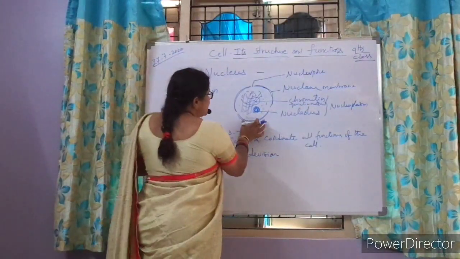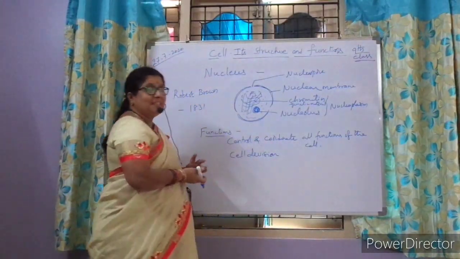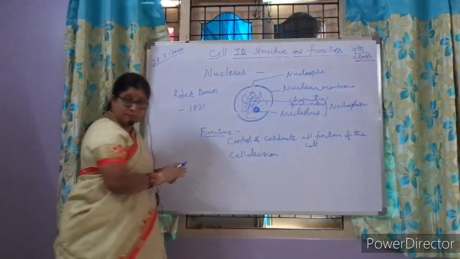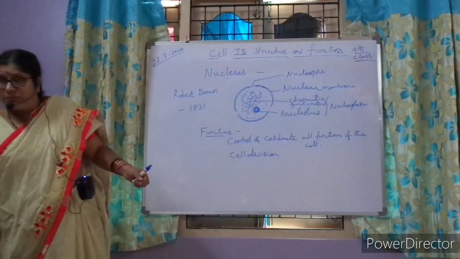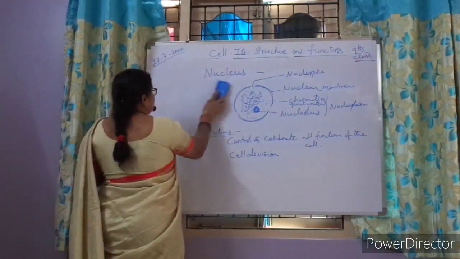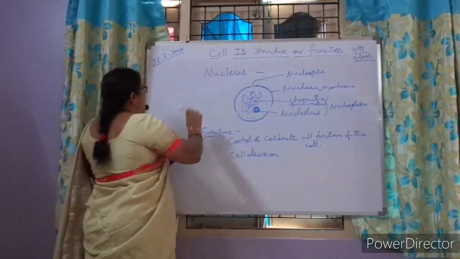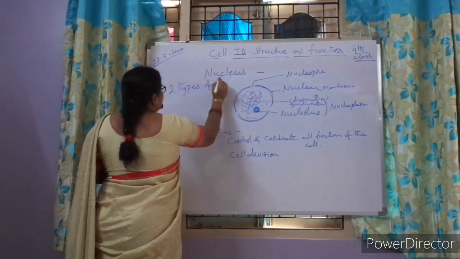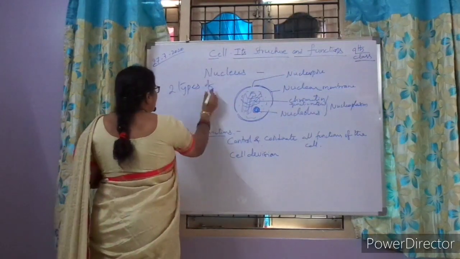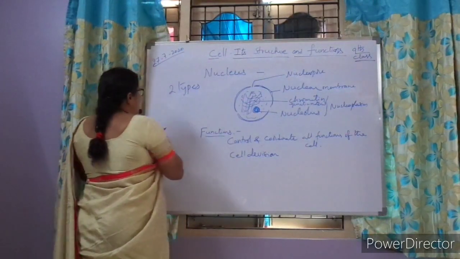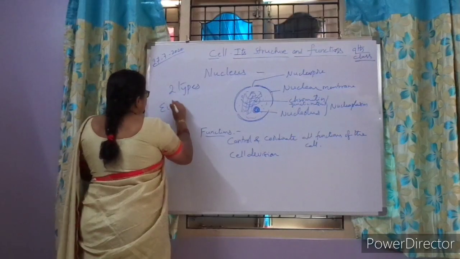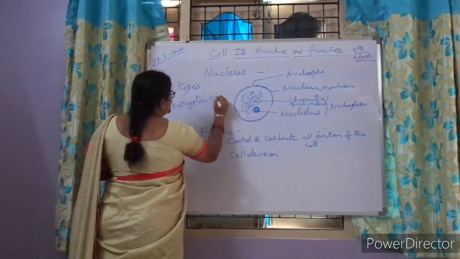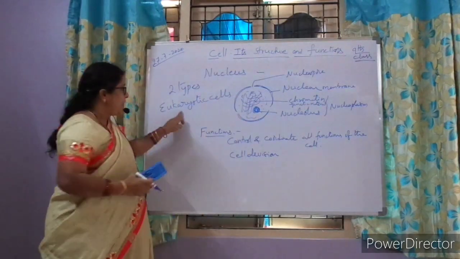So depending upon the presence or absence of the nucleus, the cells are of two types. One is eukaryotic cells. So what does eukaryotic cell mean?